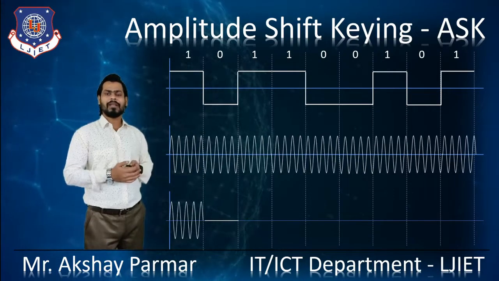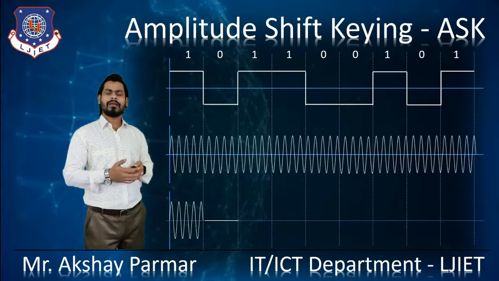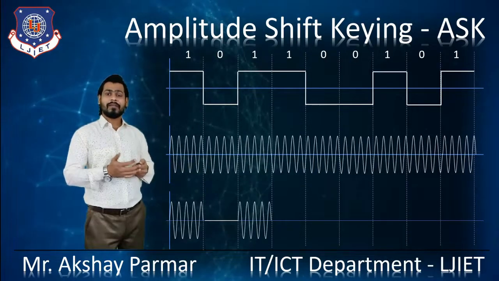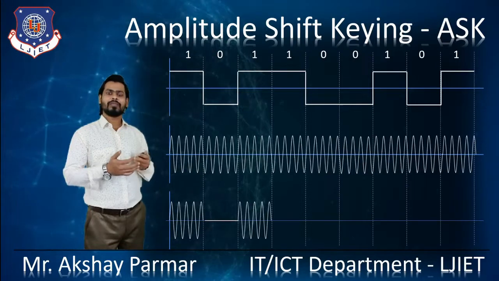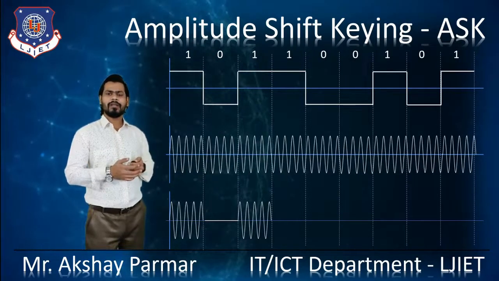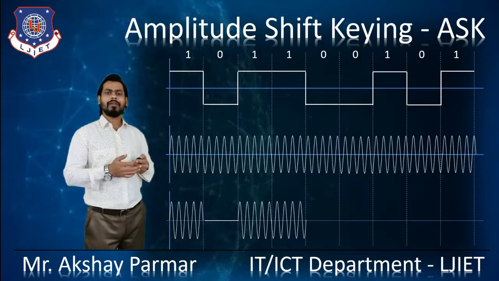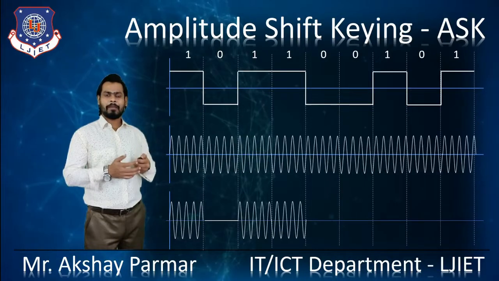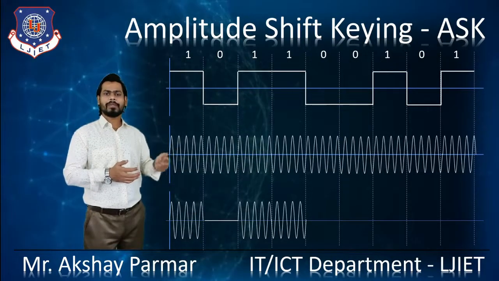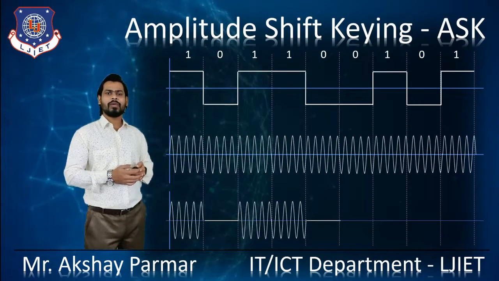After that, bit 1 is there, so to represent bit 1, the carrier signal remains as it is. After that, 1 is there, so we follow the same procedure. Whenever a 0 occurs, the amplitude of the signal goes to 0.